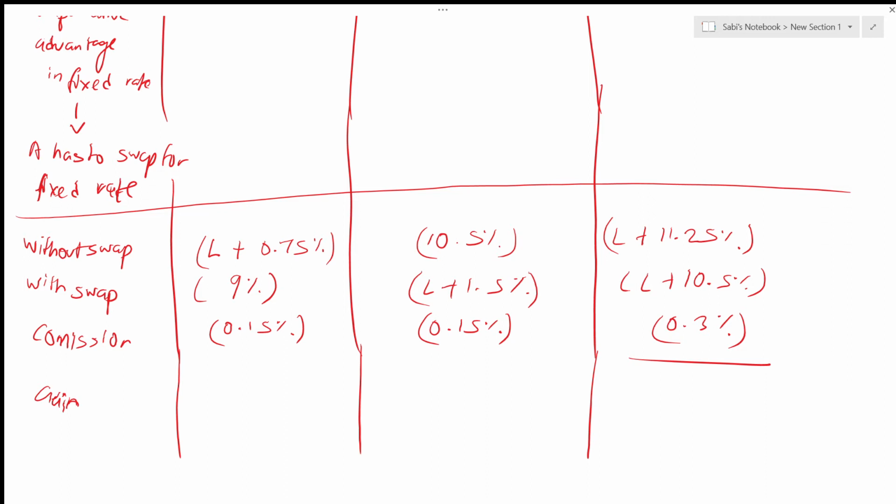So what is the gain? 11.25 minus 10.5, it is 0.75, right? That 0.75 is the gain, but out of that 0.3 is going for commission. So 0.75 minus 0.3, 0.45 is your gain now, right?